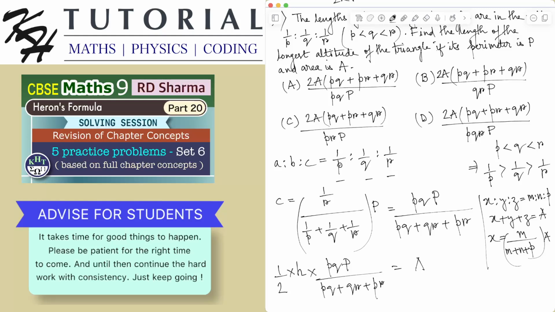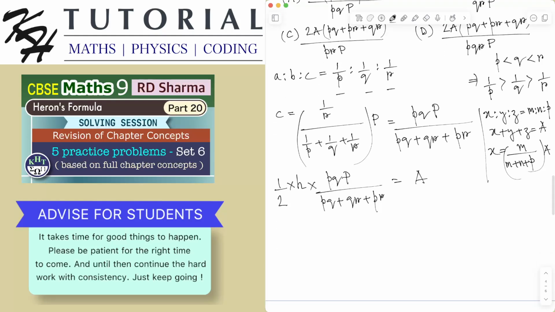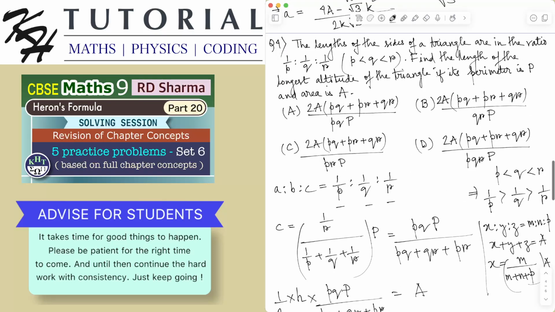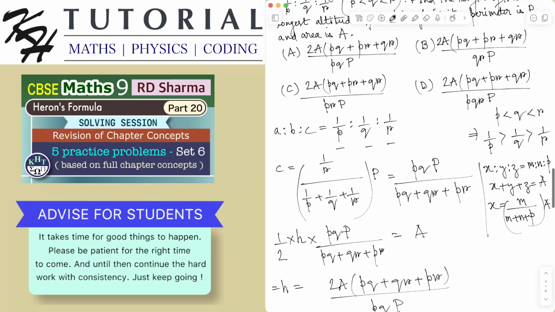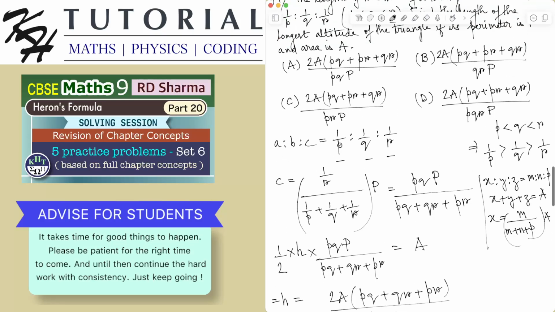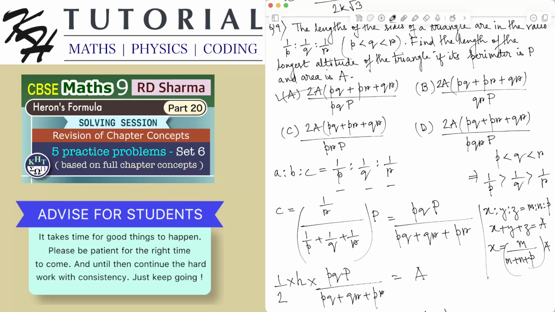This is given as A. From here we can easily find H. H will be equal to twice A multiplied by PQ plus QR plus PR whole divided by PQ multiplied by capital P. So the correct choice is A.